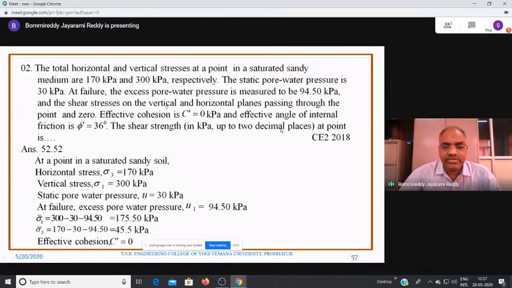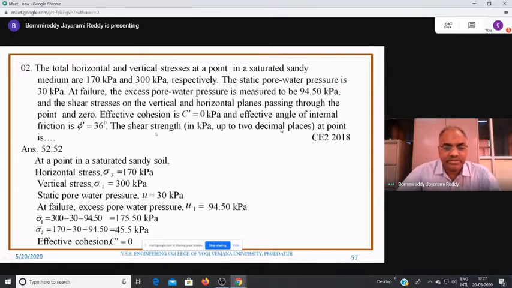And the shear stress on the vertical and horizontal planes passing through the point is 0. The effective cohesion is 0 because already in the problem it is given a sandy medium. So cohesion is also 0. What is the question? The effective angle of internal friction is phi.